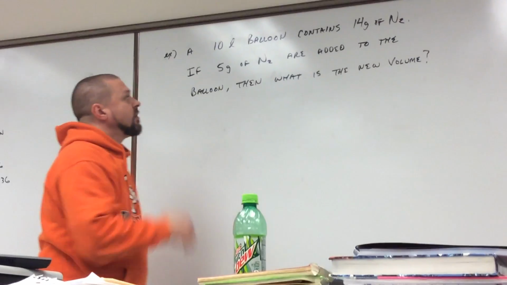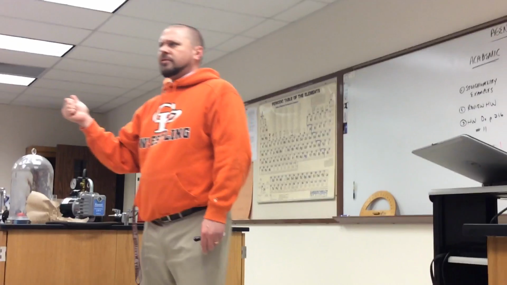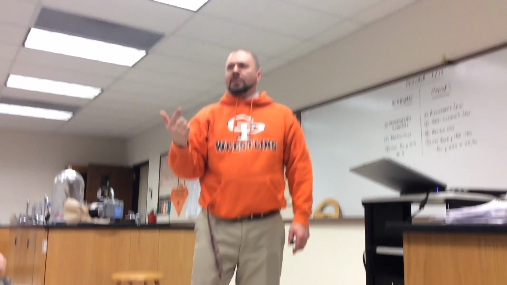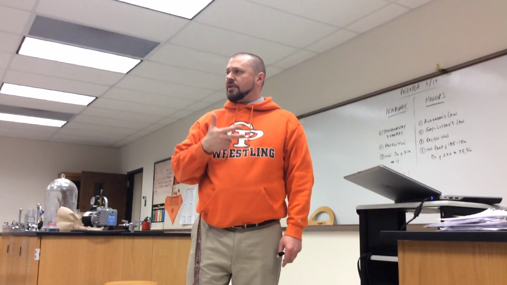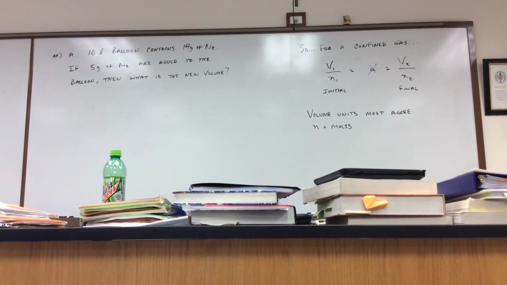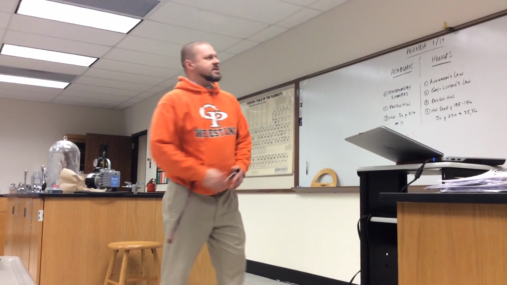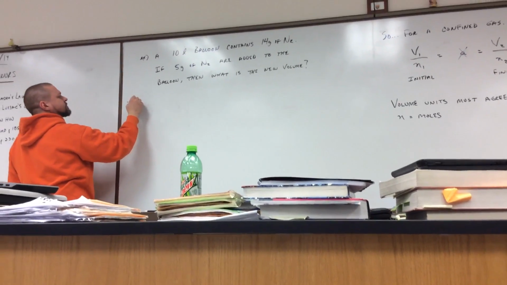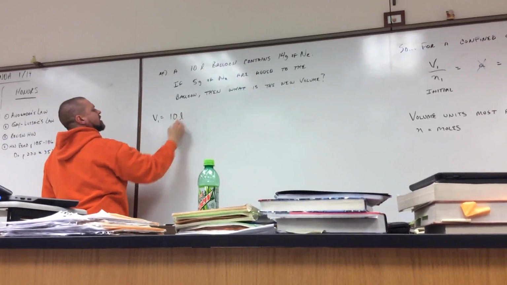All right, so first of all, when you look at this, I see volume, and at this point it could be talking about Boyle's law, V and P, Charles' law, V and T, or Avogadro's law, V and N. And then I look further, and I don't see anything but masses. But if I give you masses, masses are as good as giving you what? Moles. So basically I've got moles. So first I have volume 1, which equals 10 liters.